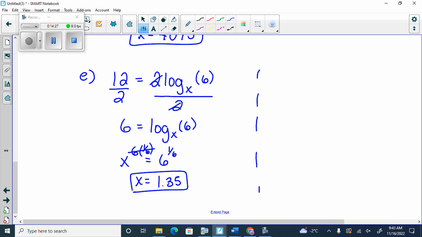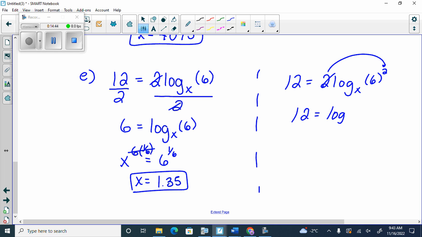Hey, what if we use the power rule the other way? Instead of dividing, we could bring this up, and you can only do that with logs. So I would get 12 equals log, technically x to the 6th squared.